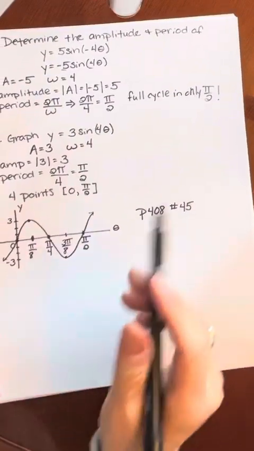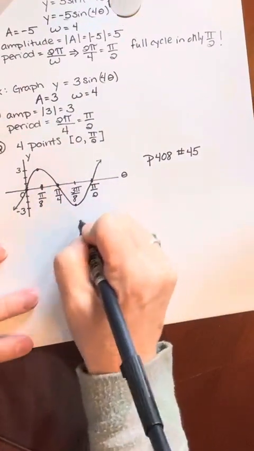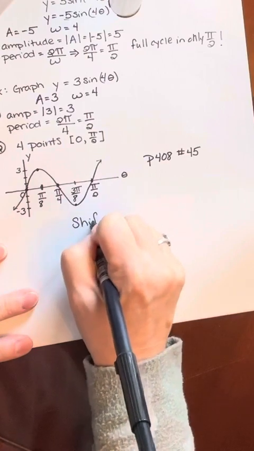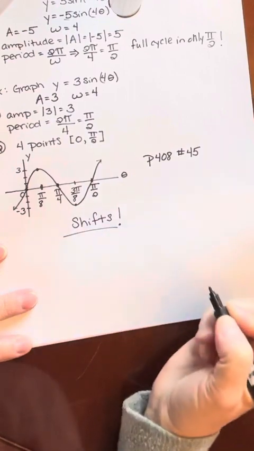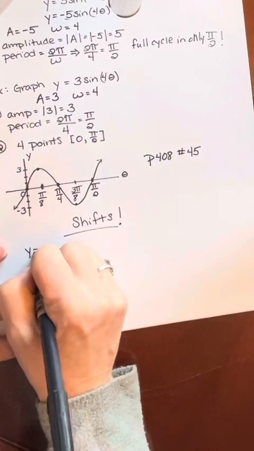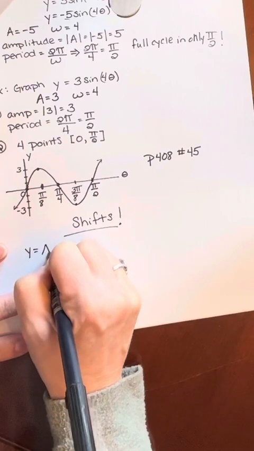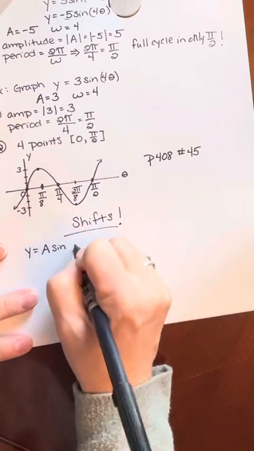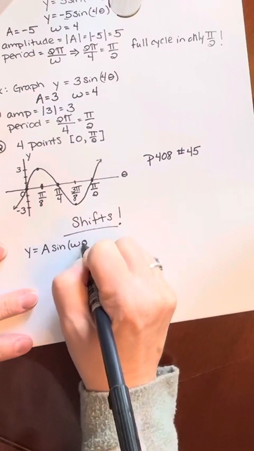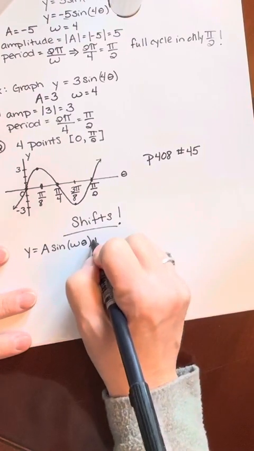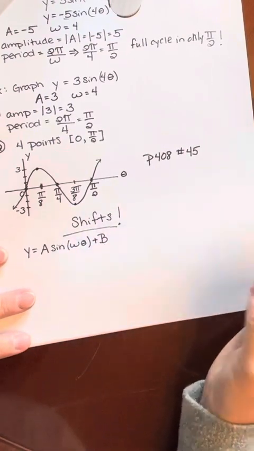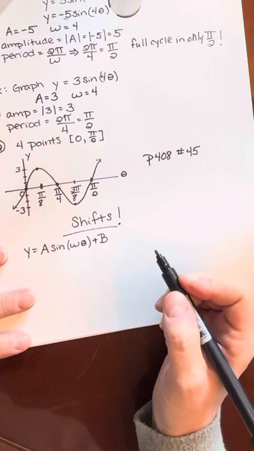Okay, so let's move on. Let's look at shifting. So we're gonna shift things. Shifts will be shifty. Alrighty, so we've got the standard form, y equals capital A sine of omega theta, and then we're going to include now a vertical shift, so plus b, or we could be really fancy and say beta.